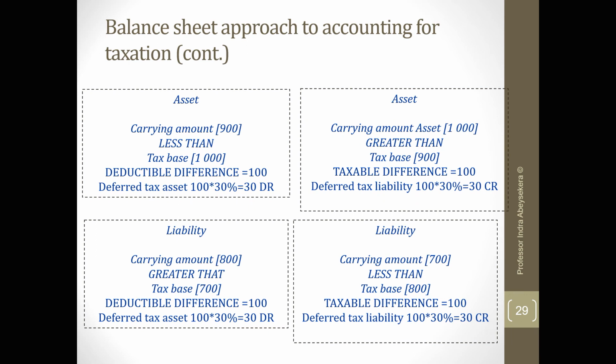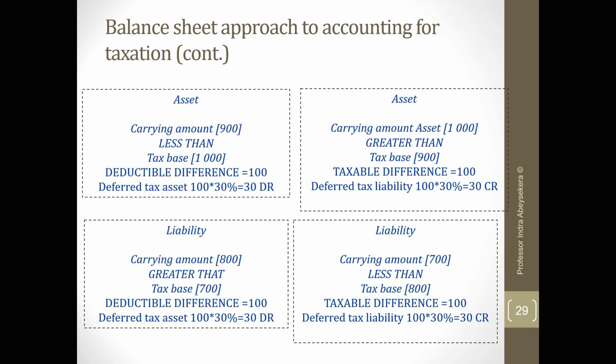So here's a matrix if you want to determine the taxable difference and whether it's a deferred tax asset or deferred tax liability. This matrix shows that for an asset, when the carrying amount is less than the tax base, it will give rise to a deductible difference, and the tax amount of that is a deferred tax asset.